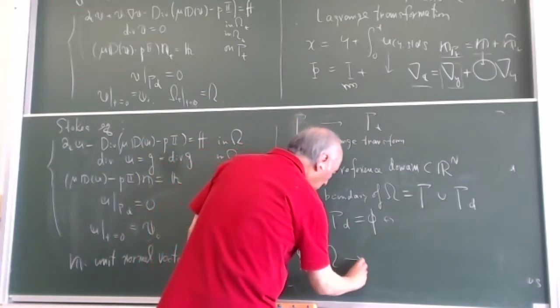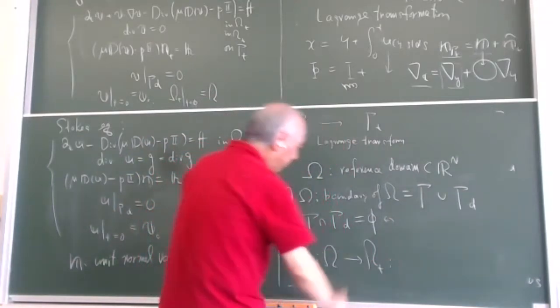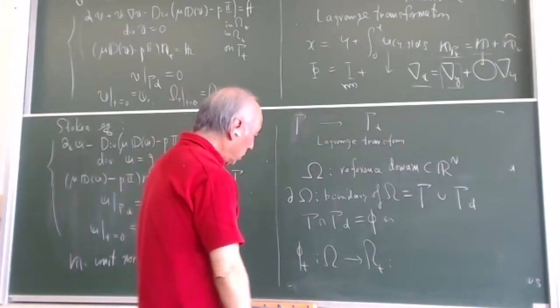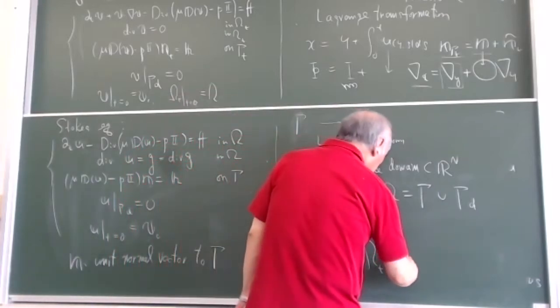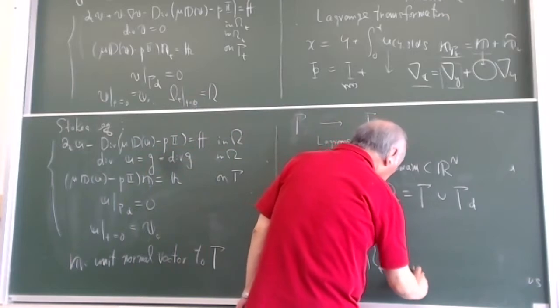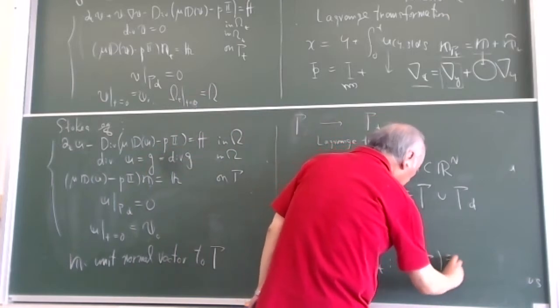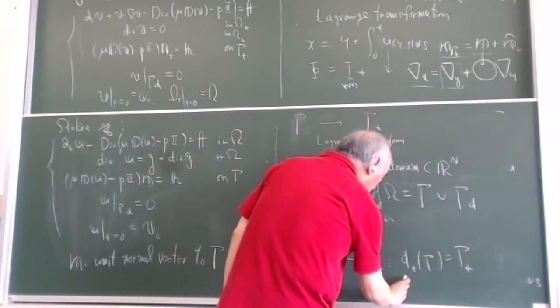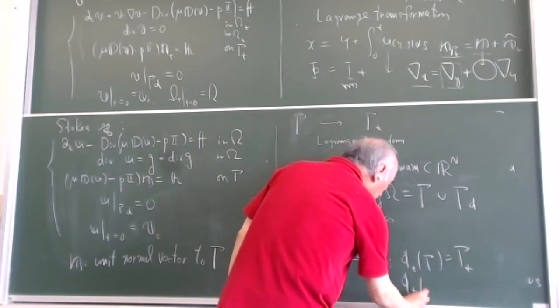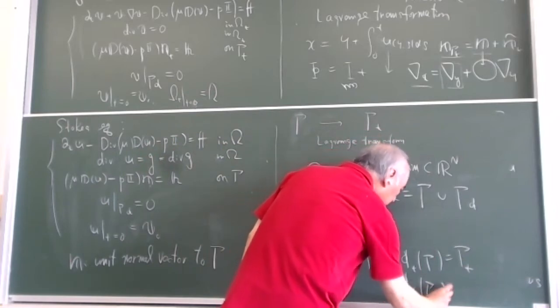Now we consider the Omega t map, and this map phi sub t is fixed.